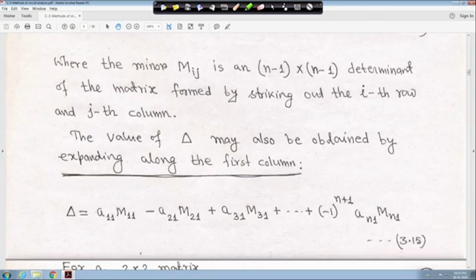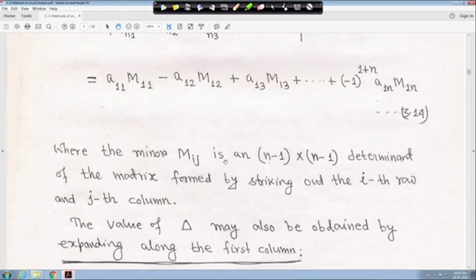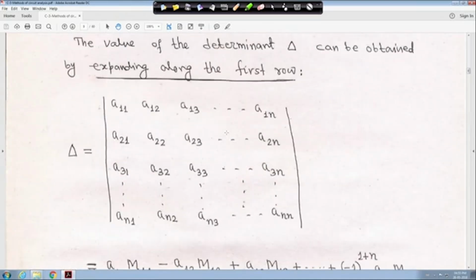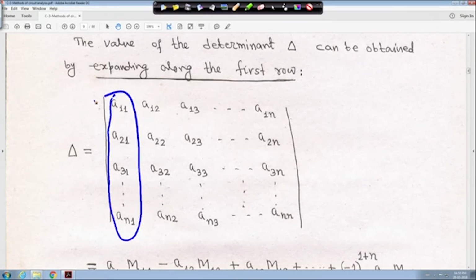Similarly, the value of delta may also be obtained by expanding along the first column. If you expand along the first column rather than rows, you will also get the value of delta.